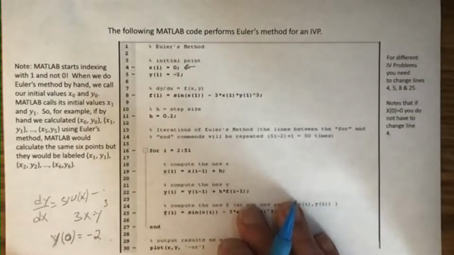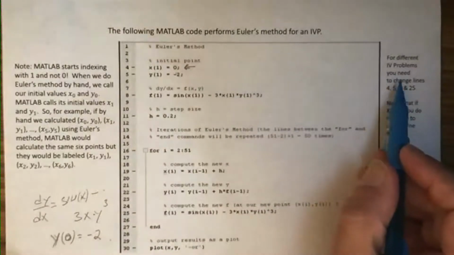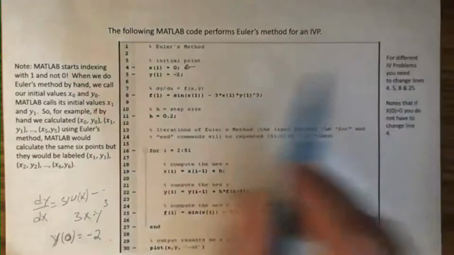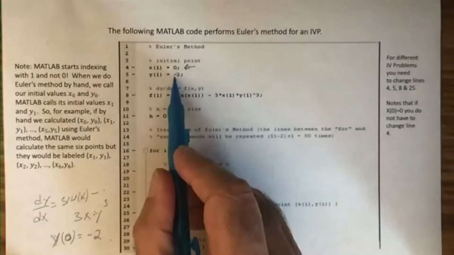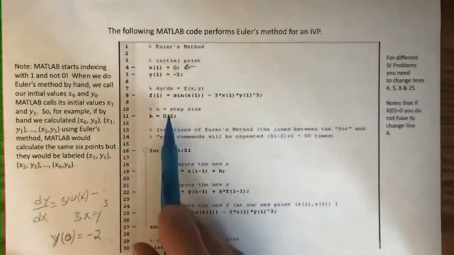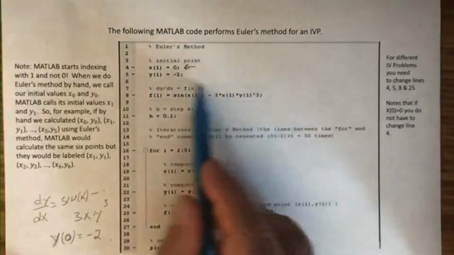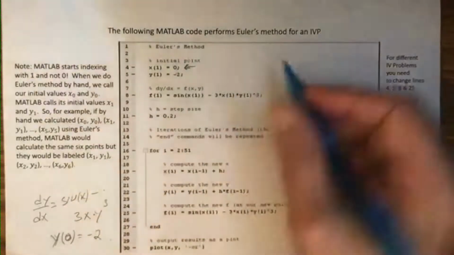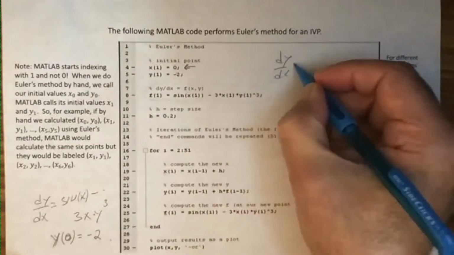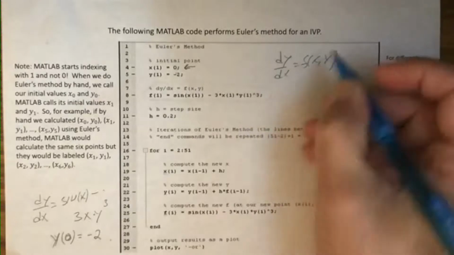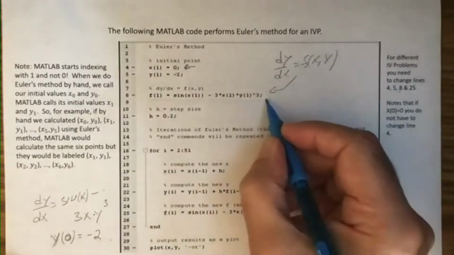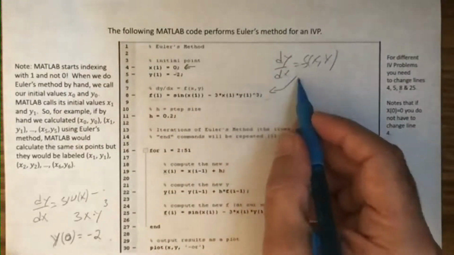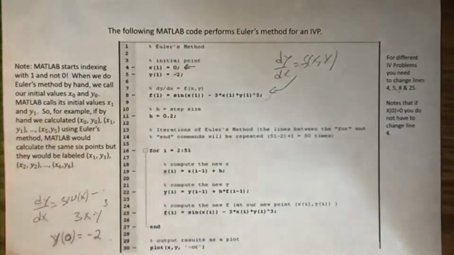Okay. So the important thing is that the lines you have to change would be 4 and 5, and you'd have to change 8, because line 8 is where the function is given. So whatever you have here, you would have to put here. And in this case, we have what I wrote down here.